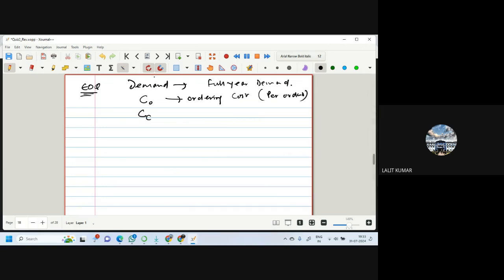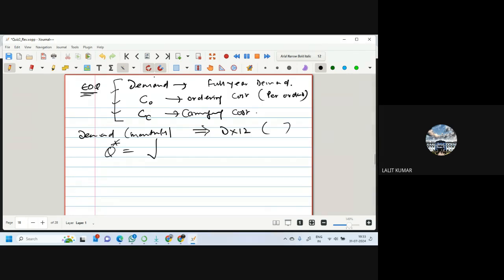CC is the carrying cost. In a question, you will be given these three things. If demand has been given monthly, convert it to yearly. Then use the formula Q star is equal to square root of 2 D CO by CC to find Q star.